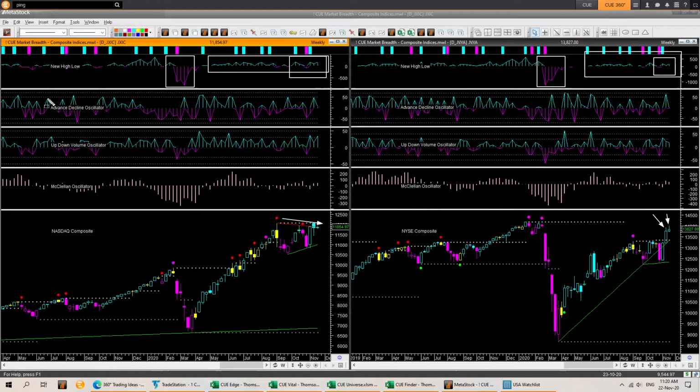Now the advanced decline and up down volume, they are now oscillators. They are oscillating between 100 and minus 100. How to use them is to look for divergence. That is, if the oscillator comes down while the price goes up, that will be a bearish divergence, and that usually leads to a drop in the market.